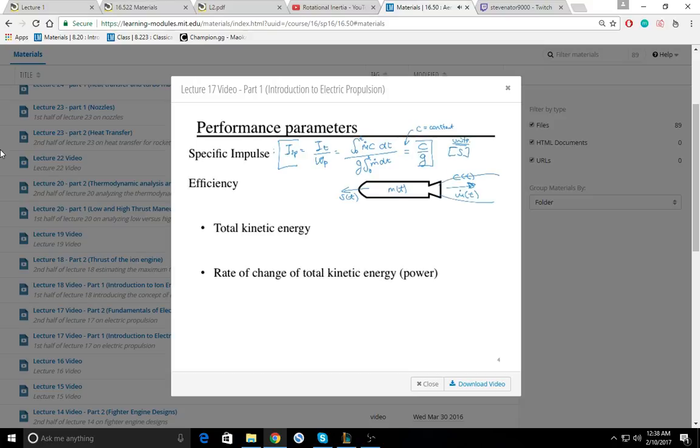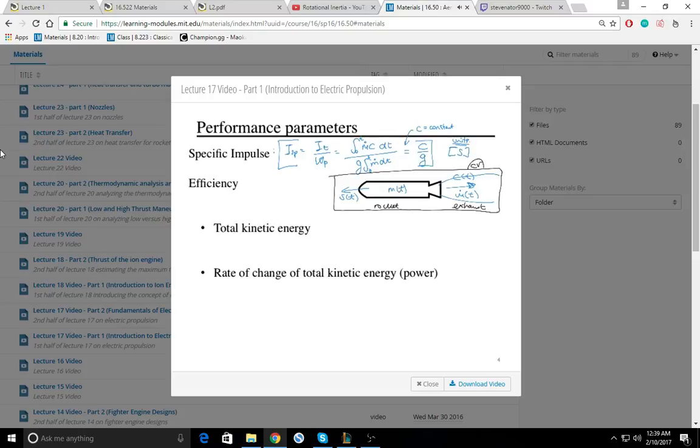If we consider the system that includes both the rocket and the exhaust, we can determine the amount of kinetic energy that system has. This is a closed control volume of constant mass, and we're always considering the exhaust within that control volume.